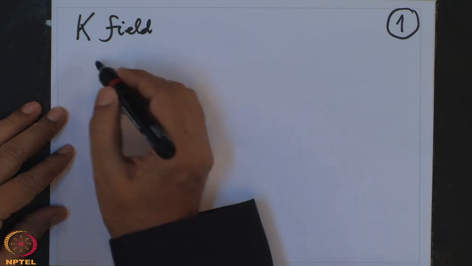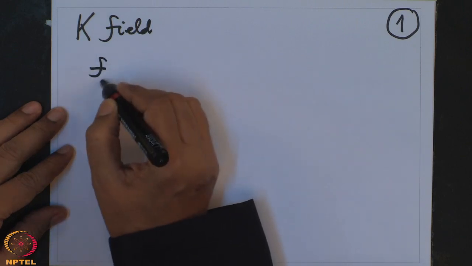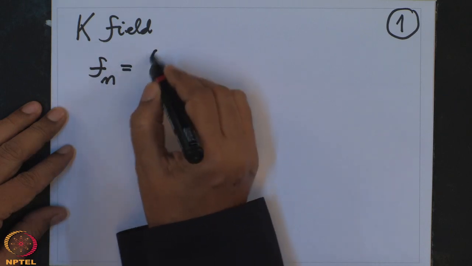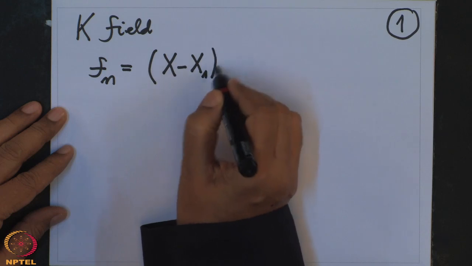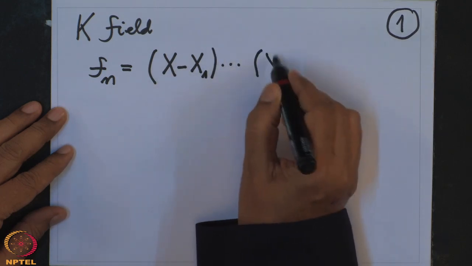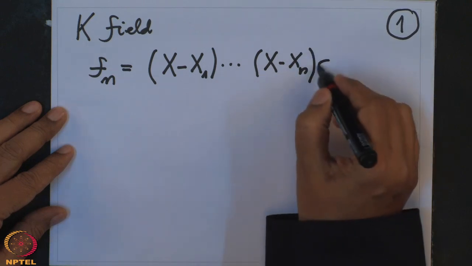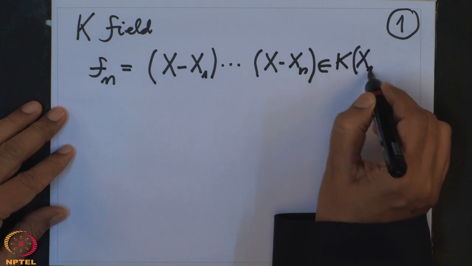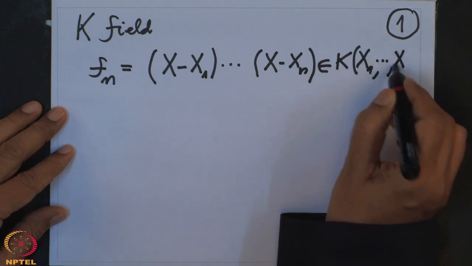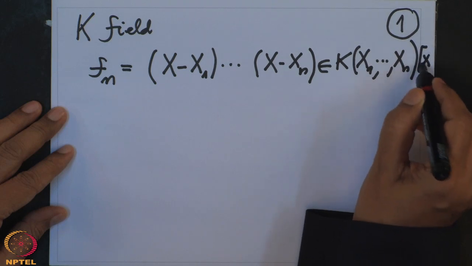and we have a general polynomial of degree n, that I have denoted Fn. This is a polynomial (x minus x1) ... (x minus xn), and we consider this as a polynomial over the rational function field in x1 to xn and x.